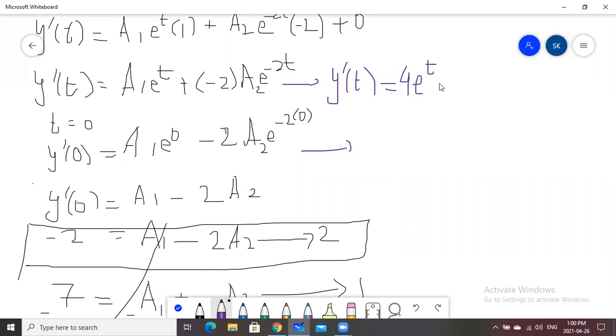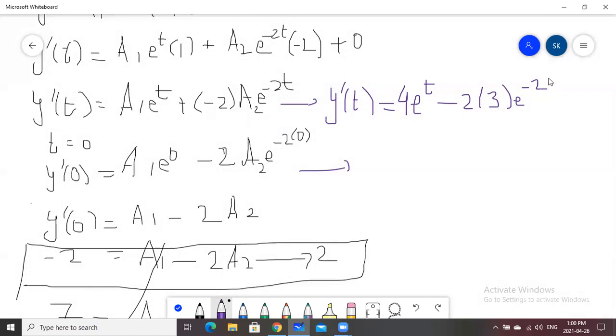Then we have minus 2 times a2, which is 3 e raised to power minus 2t. Now this is the second order function. Over here the constant term became equal to 0, therefore there is no constant term.